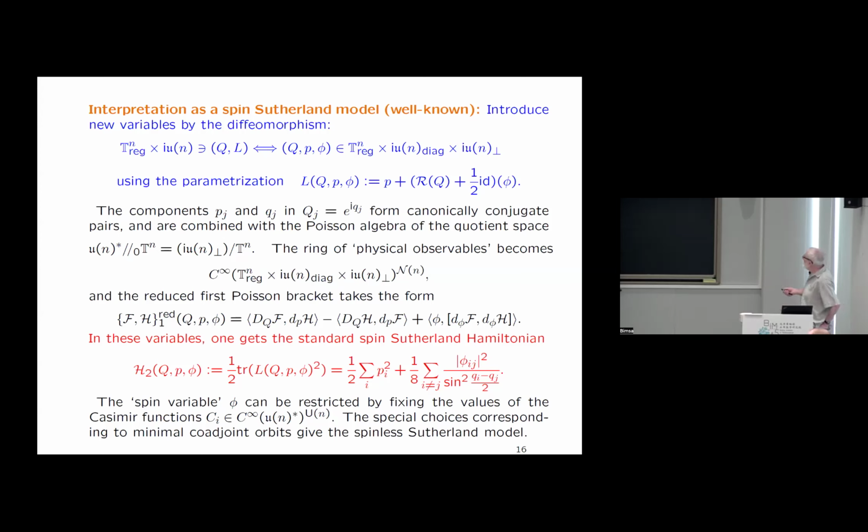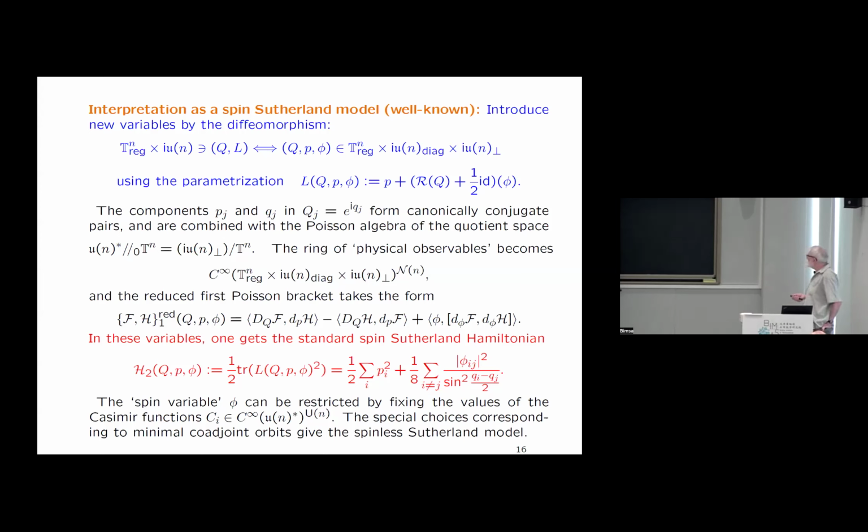And so let's use as our variables, instead of capital Q and L, the P which is here and the phi which is here. And basically this capital Q, maybe you write it in exponential manner.